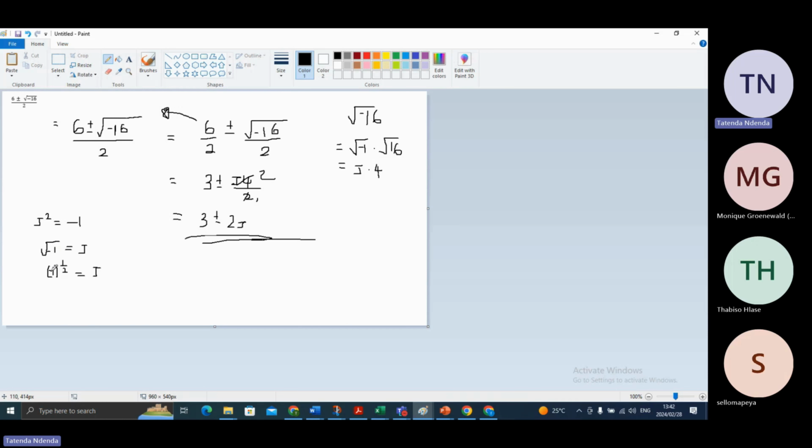Are we together here? So now we want to remove the half. For us to be able to remove the half, we have to multiply everything by 2. So here we have a power of 1, so this one cancels this one. You have negative 1 is equivalent to j squared. That's how they are getting that j squared part.